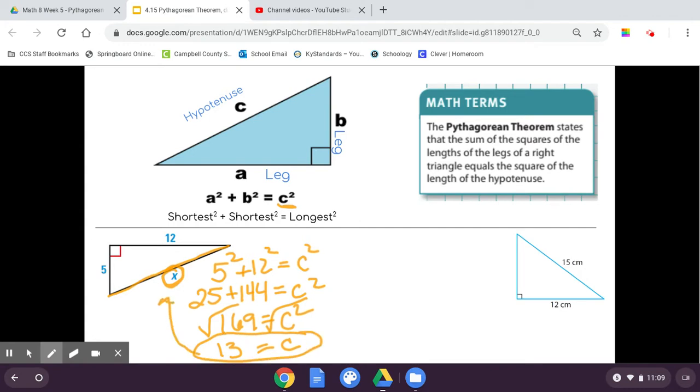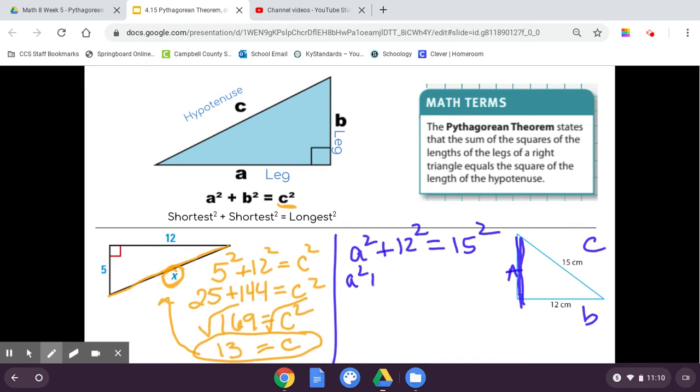We are good. Okay, so let's do another example over here of how to find a leg. So we have, let's say, a squared plus 12 squared equals our hypotenuse of 15 squared. So this is our C, this is our B, and we're going to call this one our A. So a squared plus 144 equals 225.